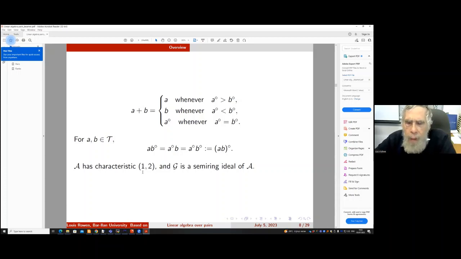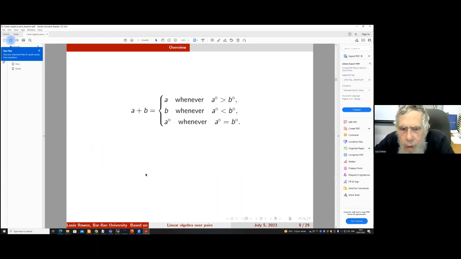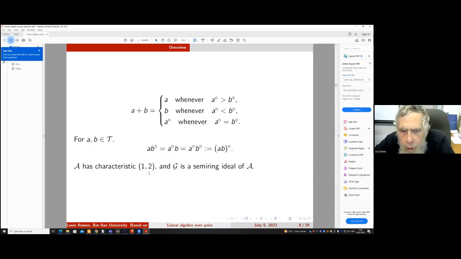Now, the characteristic 1, 2 means that 1 plus 1 is one circle, and one circle plus 1 remains one circle. So after you get to one circle, you stay in the same place.